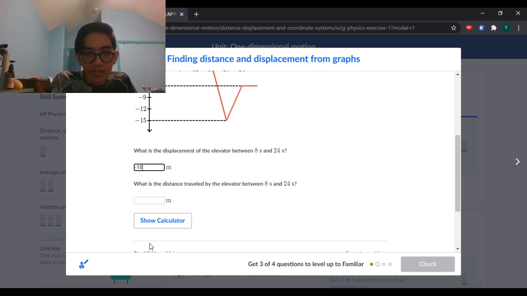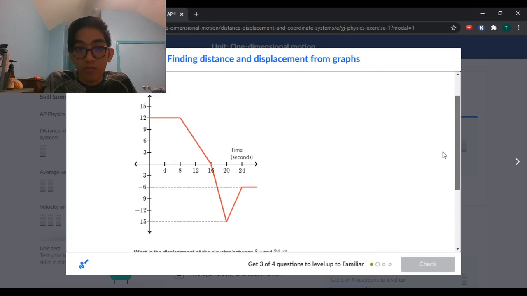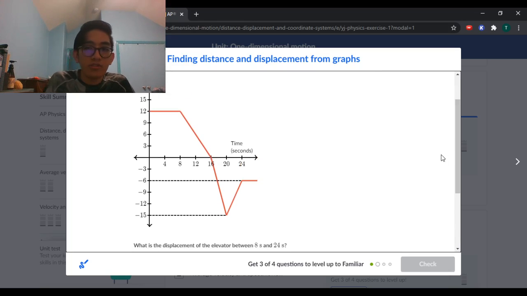Okay. So distance traveled between 8 and 24. Now this is what I was talking about. I want you to imagine that you started at 12, and then you traveled 12 meters over a period of 8 seconds. Keep that number in your head.